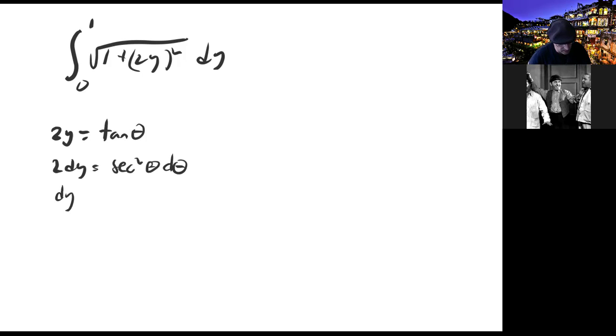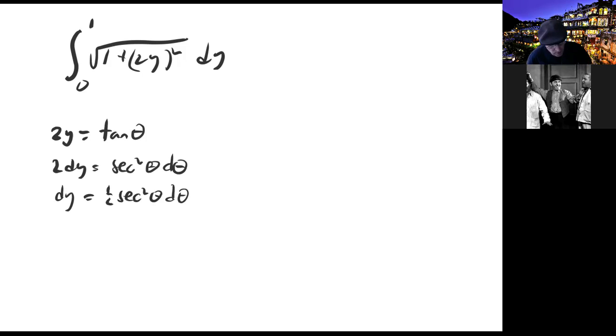Let's first of all do the indefinite integral. This should be a trig substitution. 2y should be tangent of theta. So 2 dy is secant squared theta d theta, and dy equals 1/2 secant squared theta d theta.